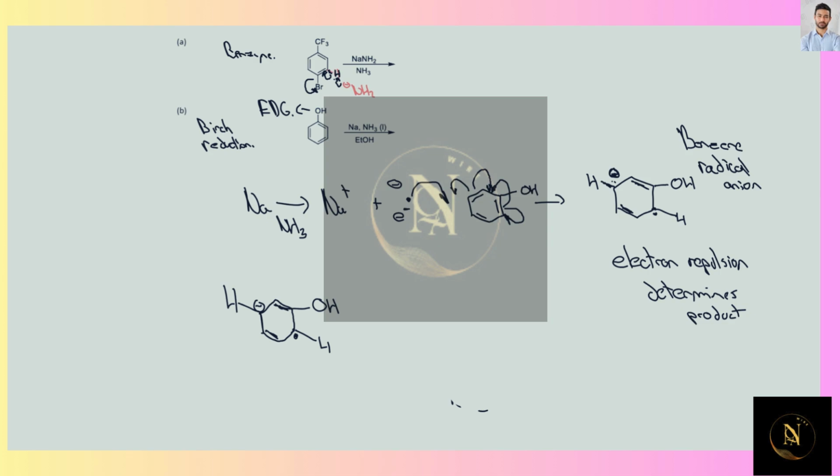So the first step is going to be that the pair of electrons of this anion is going to attack one of the hydrogens in ethanol that we're going to have. This pair of electrons is going to move, generating the following species, in which we're going to have now two hydrogen atoms over here.